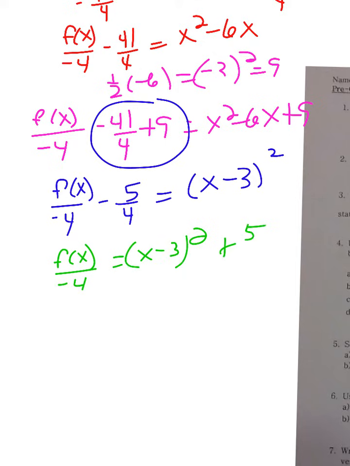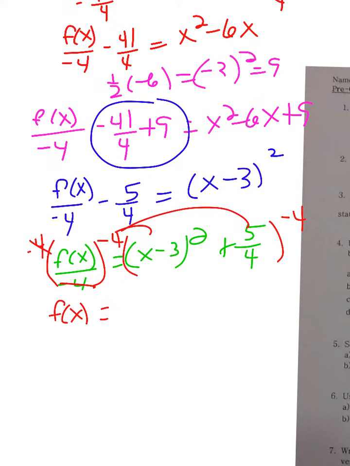Add the 5 over 4. Now you want to get rid of the negative 4 that's in the denominator, so multiply both sides by negative 4. All right, so the negative 4 is reduced to 1, so I'm just left with f of x equals. Make sure you get both of these here. So it's negative 4 times x minus 3 squared minus 5.